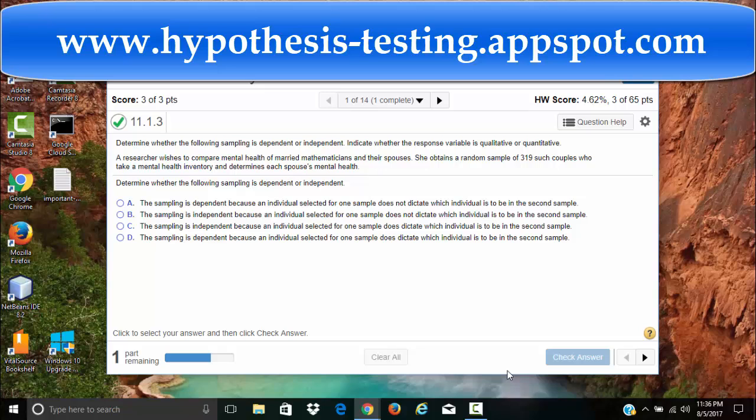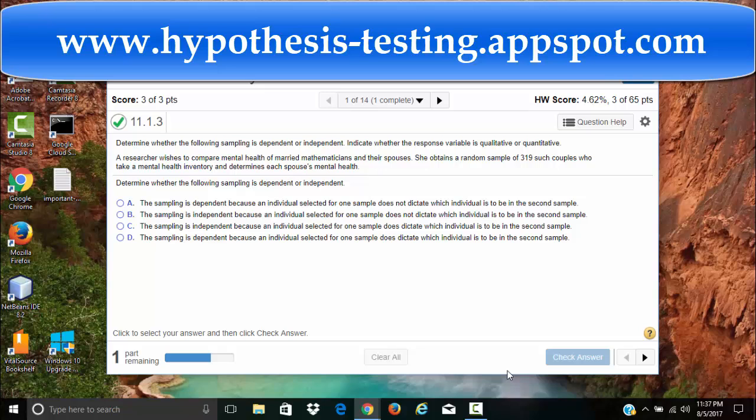In this case, you would notice that she cannot determine the spouse's mental health first without first selecting the couples that took the mental health inventory. As such, we see that the second event is dependent on the first event. So we can now say that the sampling is dependent.